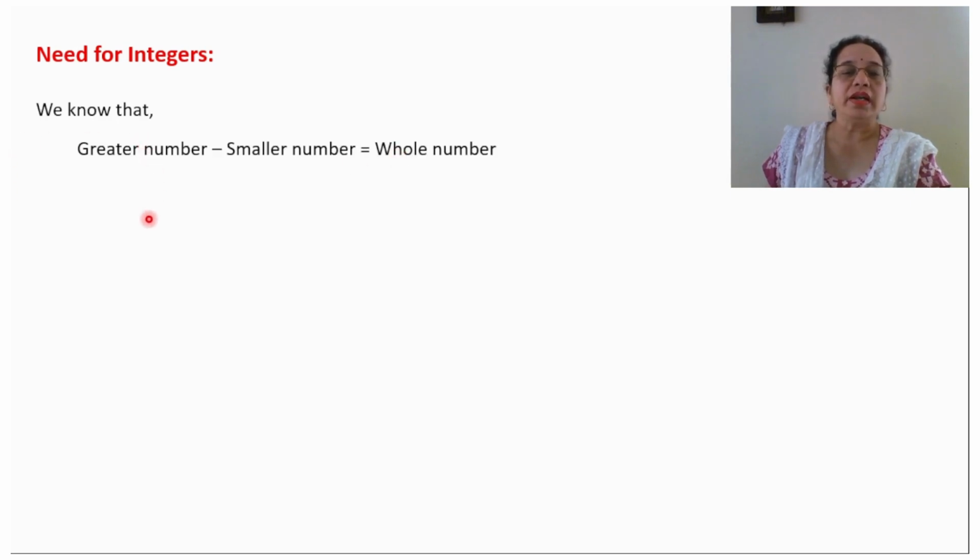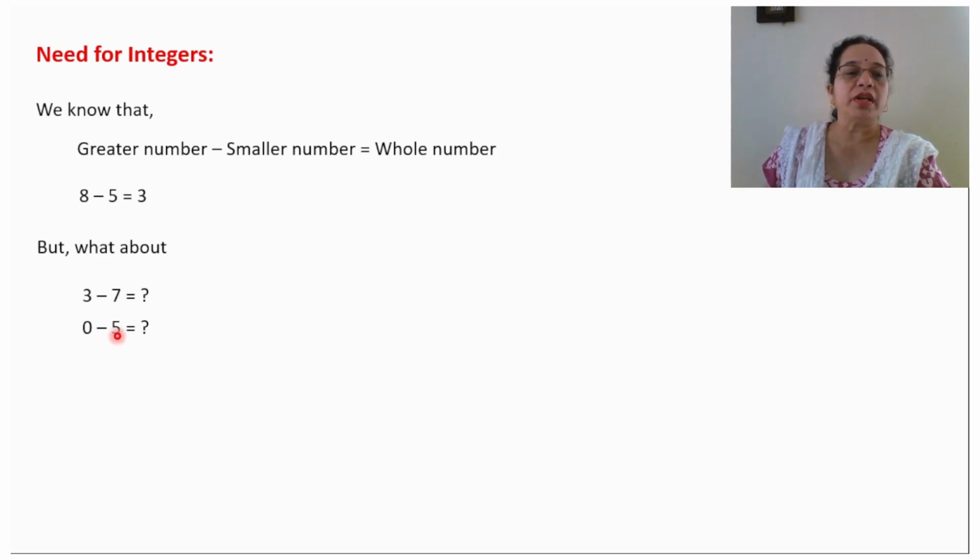So we know that a greater number minus a smaller number is a whole number. Let us take a few examples to clarify this statement. 8 minus 5, the answer is 3. But what about 3 minus 7? We don't know how to subtract a greater number from a smaller number. Or 0 minus 5.